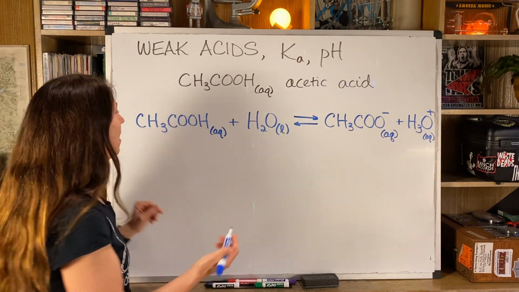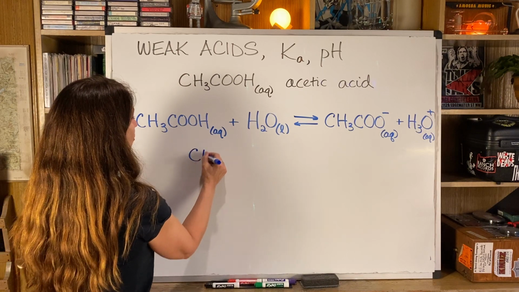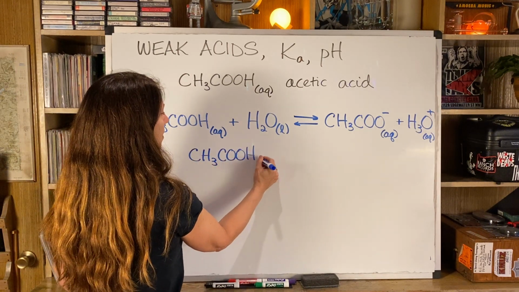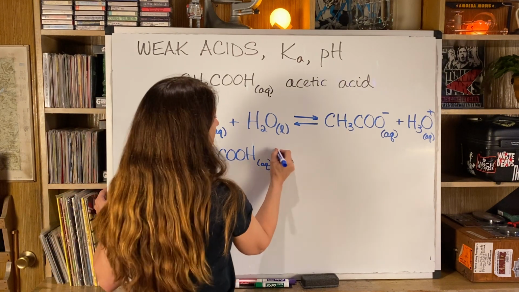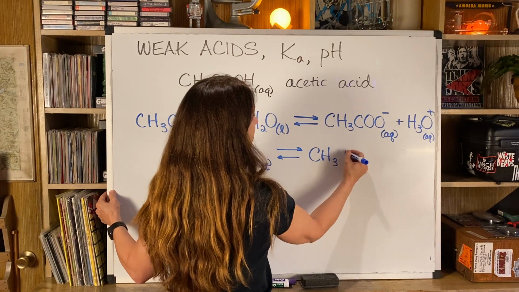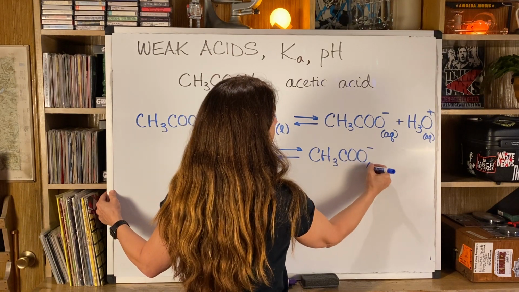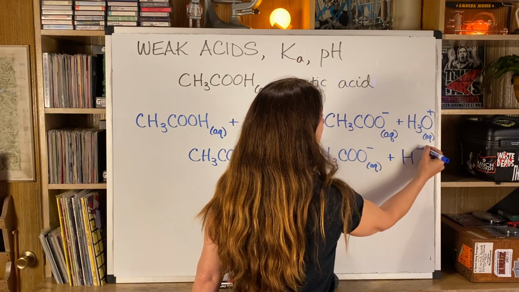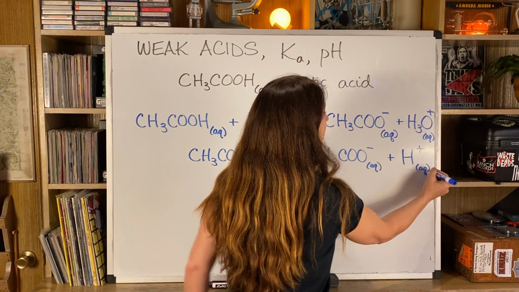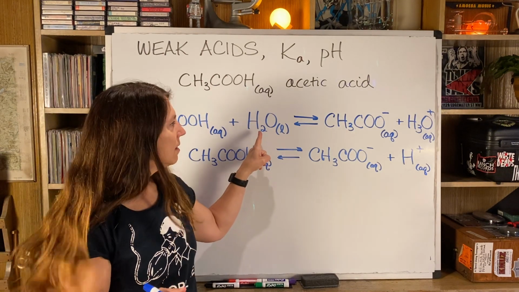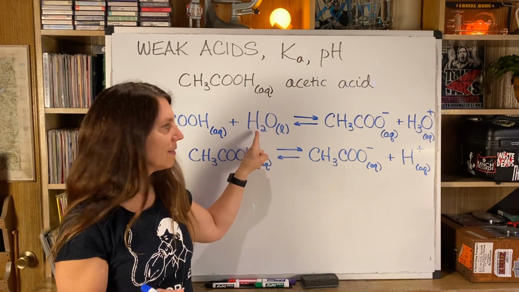So it is common that we see hydronium ions, but here's another way to write out this equilibrium. And that is that we show the acetic acid. Essentially, the way we're depicting this is it is just breaking apart into acetate and H+. Okay, so the H2O is here as a reactant.